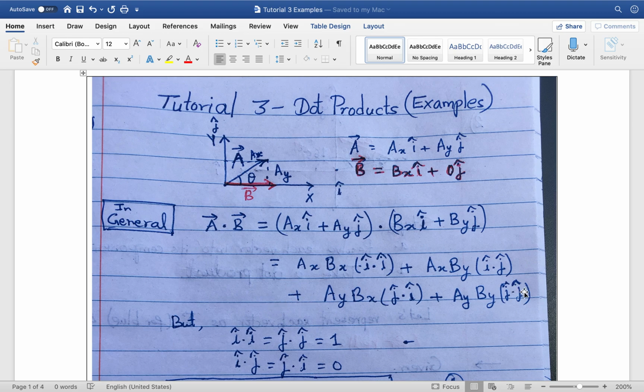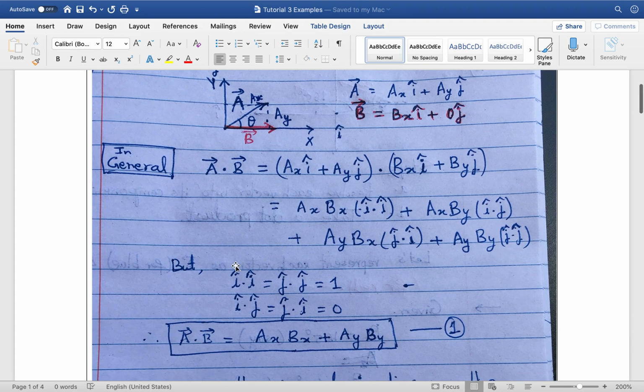But for vector dot product, when we take a dot product of a unit vector i hat with i hat, that must be equal to j hat dot j hat, and the value is actually constant, which is 1. But if we take a dot product of i hat with j hat, or j hat with i hat, that gives us 0.